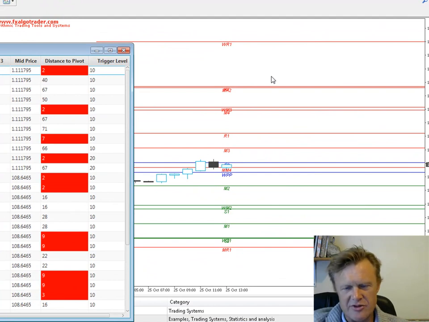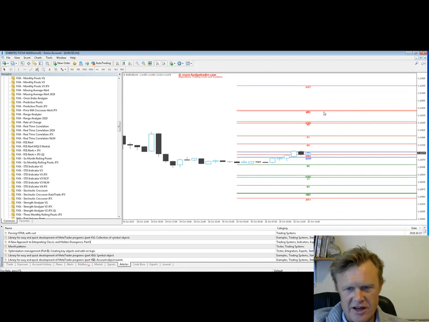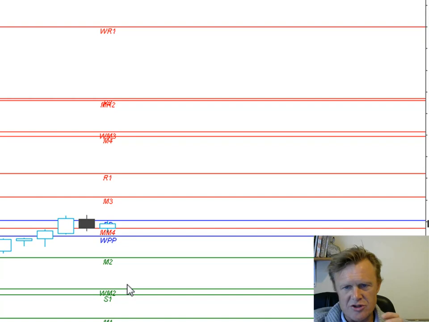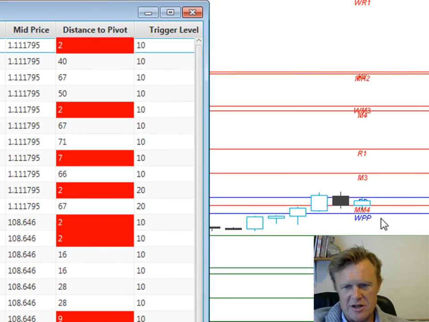What I've done here on this MT4 chart is loaded up the same indicators which are used to calculate the actual pivot level data on our server. So I wanted to show how we arrive at this data by doing the measurements which are derived from the version 1 indicators which we use.